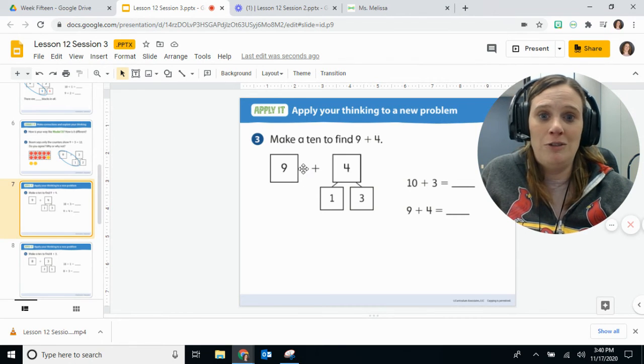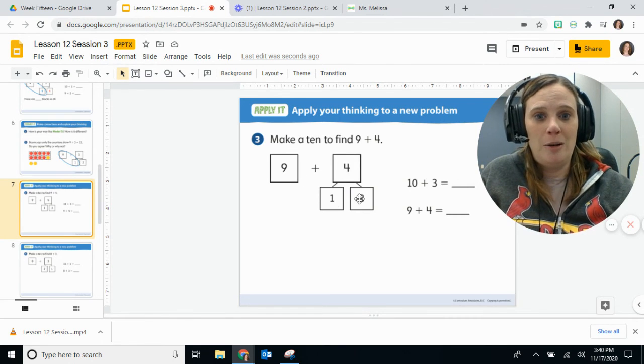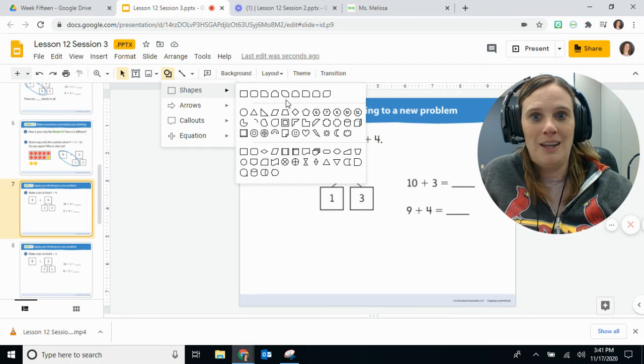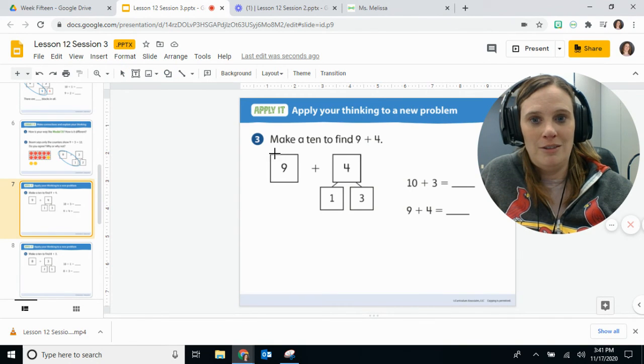So here they're giving you 9 plus 4, and look how they broke that number bond up. Do you see something we can circle to make 10? I do. Let's see if I can loop it. Can I loop it? Let's try that one. Oh, that's not a loop. Okay.